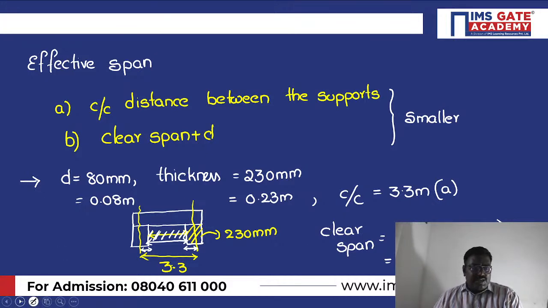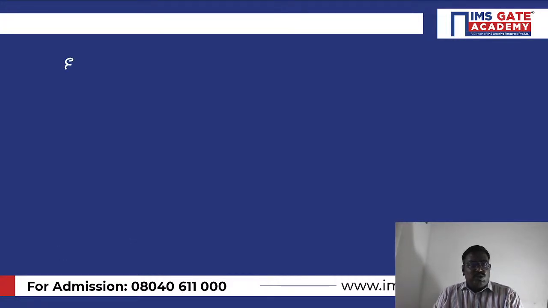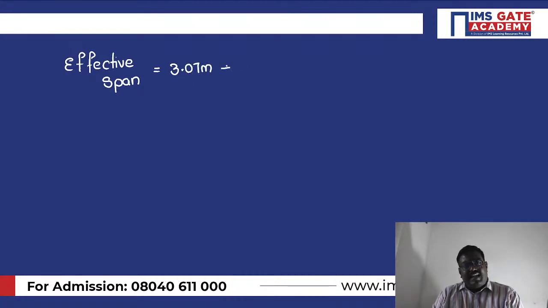Now my dear students, when I calculate the effective span here, what will it be? Effective span will be equal to 3.07 meter, that is the clear span, plus effective depth 0.08 meter. So the total value is 3.15 meter.